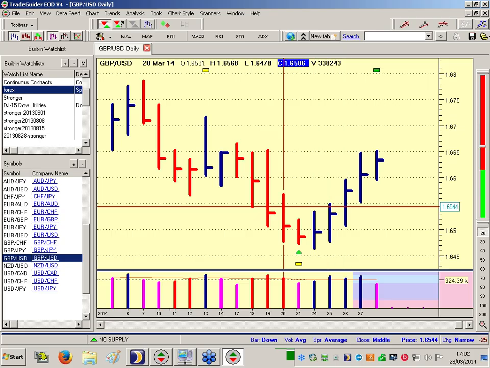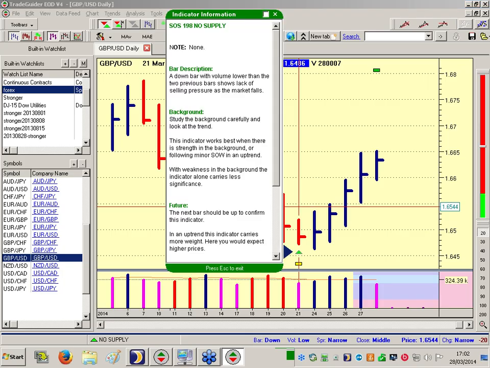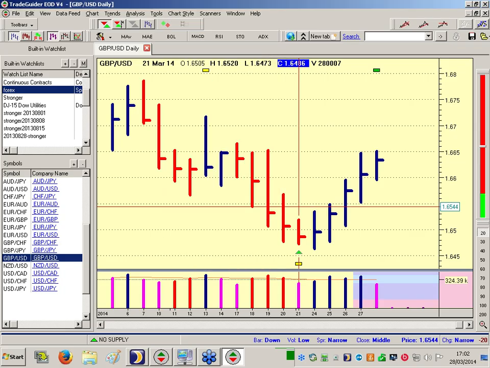Well, we've got a nice upthrust there, look. That's very positive information that's going to come off. For that to go up, we'd like to see narrow spreads down, or here, no supply. In other words, the computer's noticed that it's gone low, down into fresh low ground.